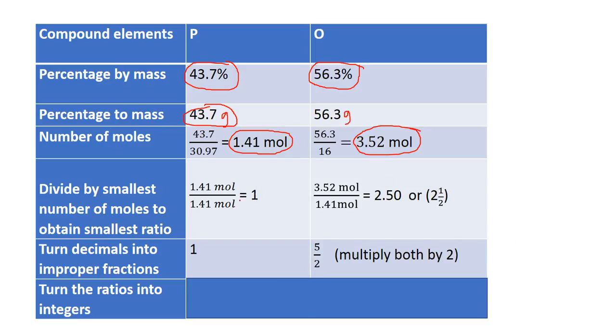So 1 remains 1, but 2.5 becomes 5/2. Now the next step is to get rid of the 2 so that we don't have fractions, we have whole number ratios.